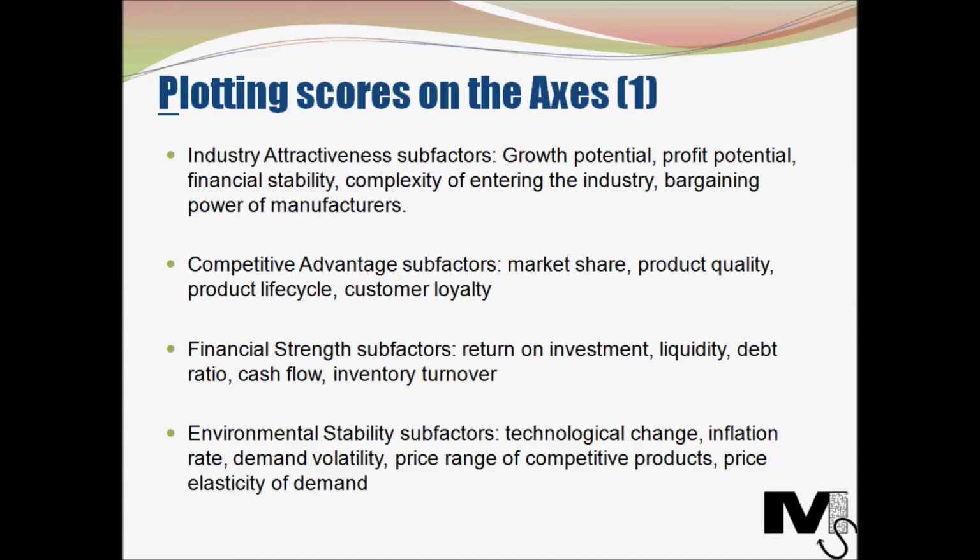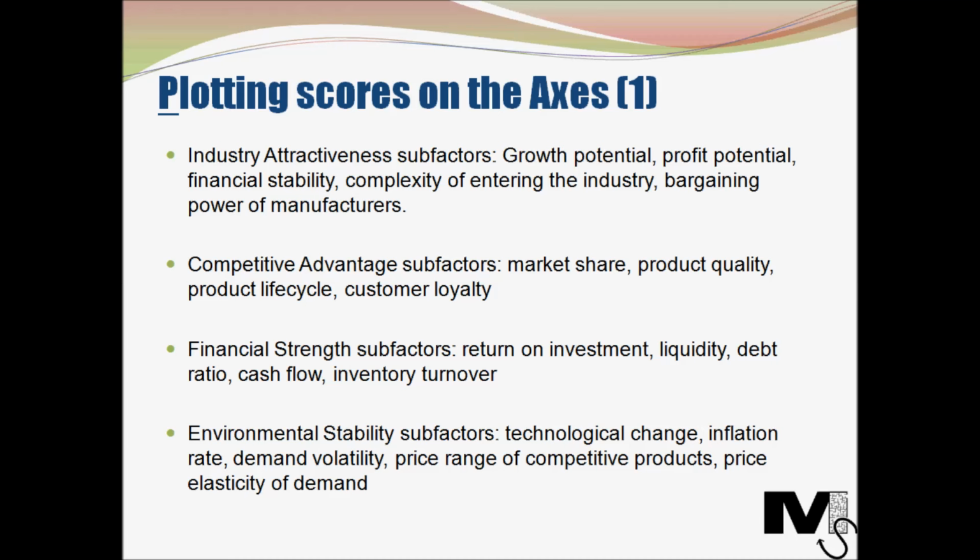And you can logically gauge why such factors would affect the attractiveness of the actual industry that you operate in. And competitive advantage is influenced by sub-factors like market share, product quality, product life cycle, and customer loyalty.